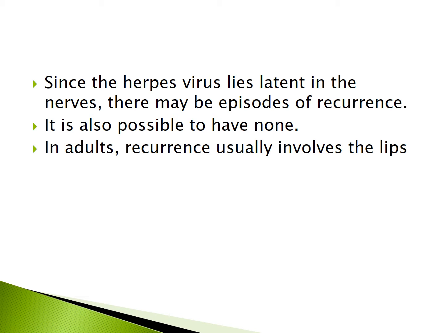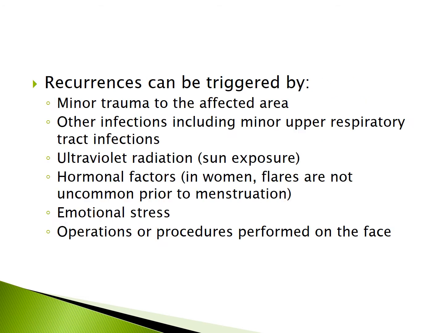Some patients complain that they have a headache, muscle aches, a little bit of fever, and may have some lymphadenopathy in that area as part of that whole prodromal syndrome. After several days, those vesicles come out as grouped vesicles with a reddened base, followed by ulcers or erosions that crust over.